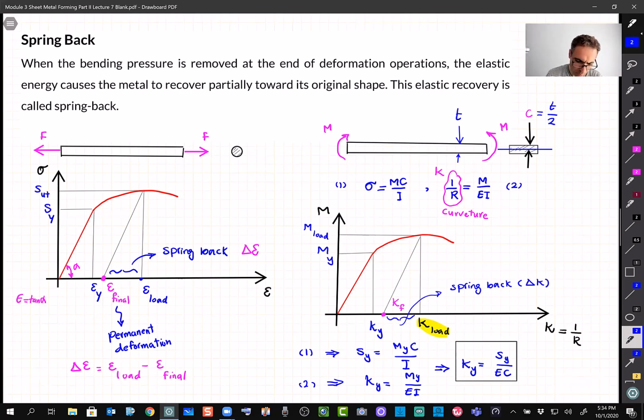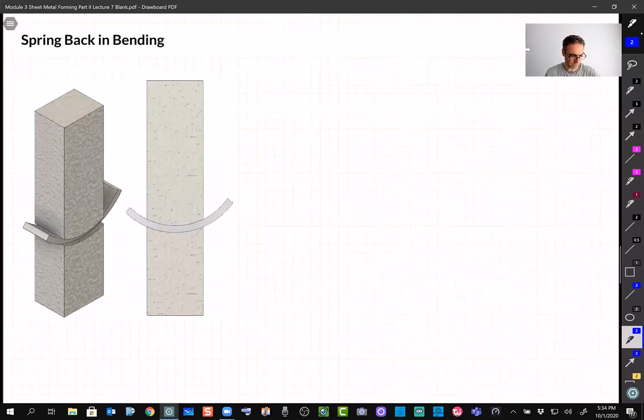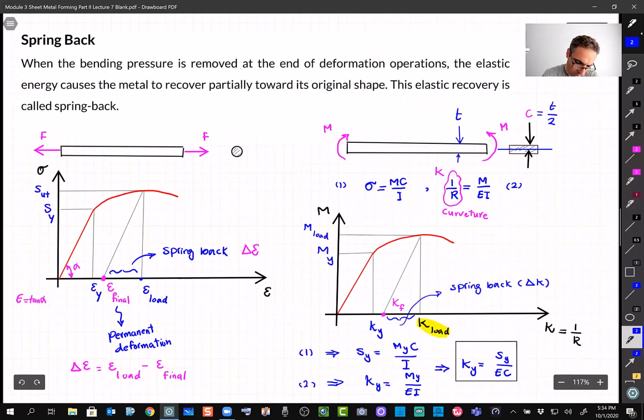So our K final, I'll write it down over here. Our K final is going to be equal to K load minus delta K, all right?